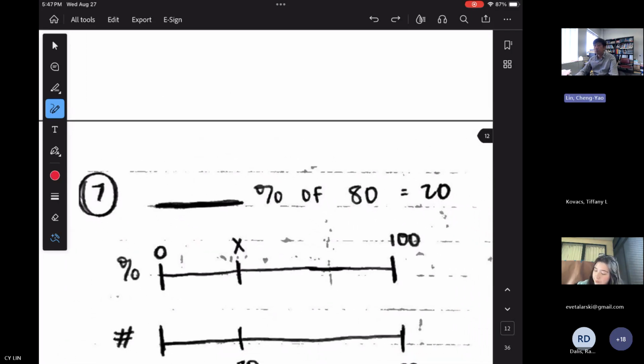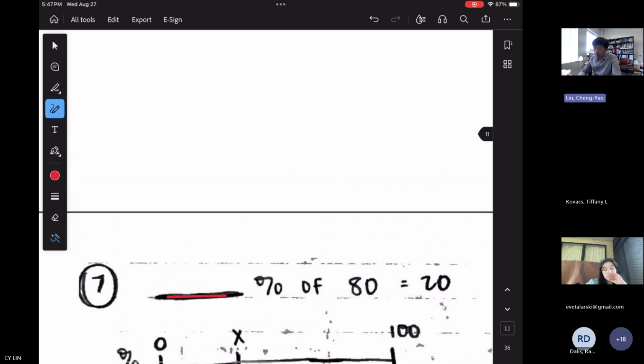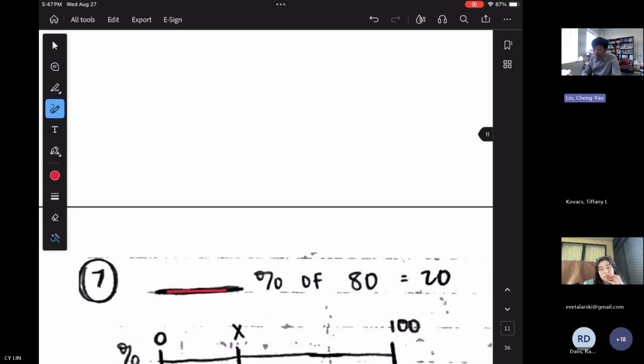Number 7. What percent of 80 is 20? Usually when I have this problem, I like to label whether each is a part or the whole. Percentage, part or whole? Part.